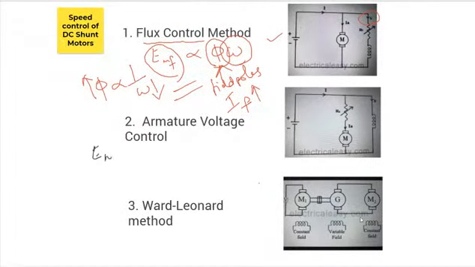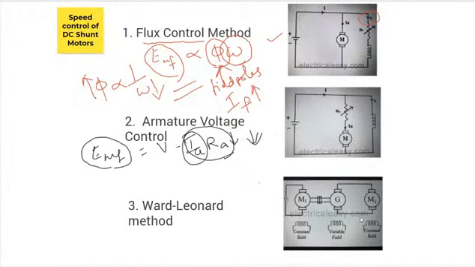So your EMF is V minus IaRa, right? By increasing your resistance value, your current value will come down. So when your current decreases, your voltage drop will decrease. So you are affecting your EMF, right?